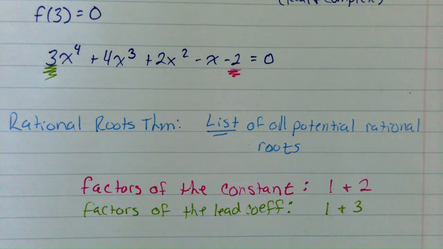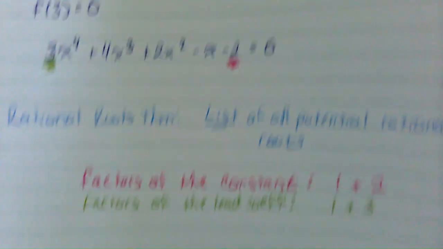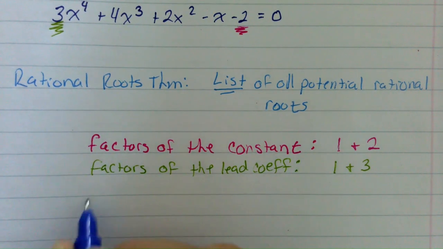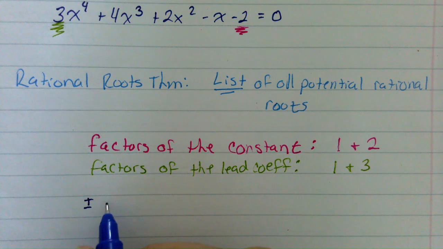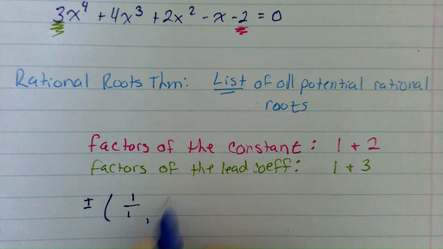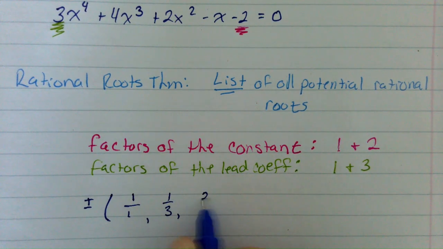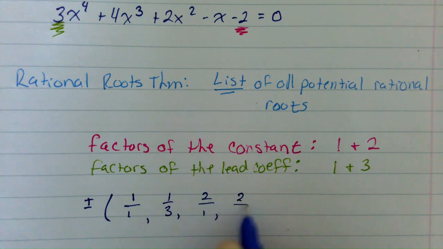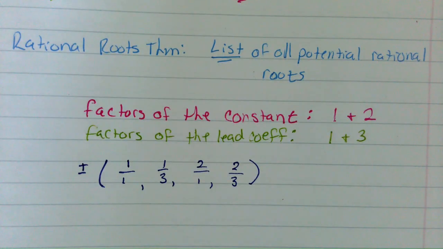Okay, so we're going to make fractions where the pink numbers are the numerator and the green numbers are the denominator. So my total list is positive or negative, that's really important: 1 over 1, 1 over 3, 2 over 1, 2 over 3. Those are the only 8 numbers that I'm going to try.